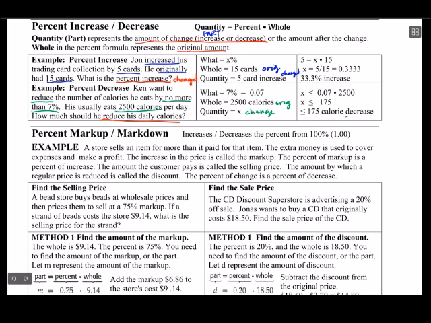He needs to decrease his calorie intake by less than or equal to 175 calories. So 100 calories would be good, 200 calories would not. So percent increase and decrease is just the wording. Be very careful with that.